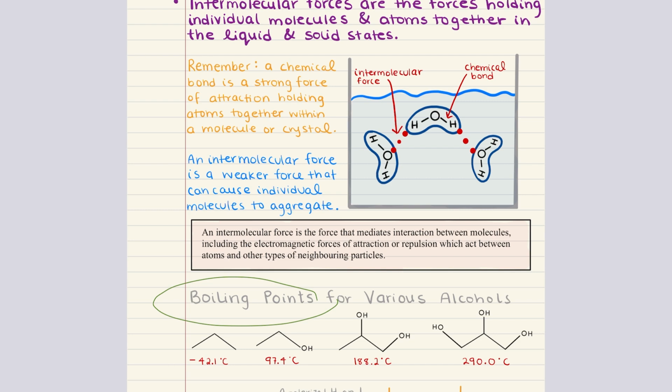Intermolecular forces are weak interactions that occur between molecules, holding them together in the liquid and solid states. Examples of intermolecular forces are dipole-dipole, hydrogen bonding, and London dispersion forces.